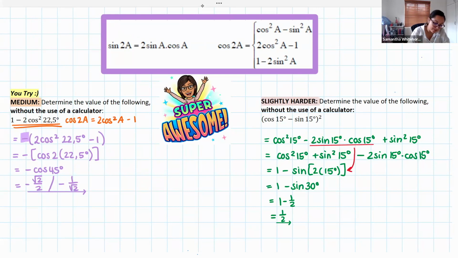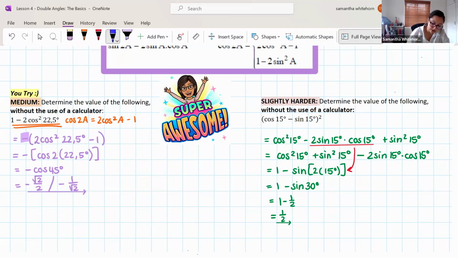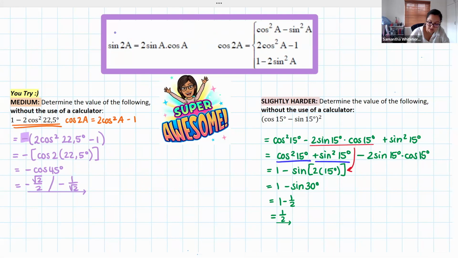And again, what we needed to see was that cos squared 15 plus sine squared 15 gave us that 1. It was the application of the identity again. And so this time we had 1 minus sine 30, and the last one we had sine 30 plus 1. Because of that negative sign, the signs were negative, and we just needed to be mindful of that as we went through.